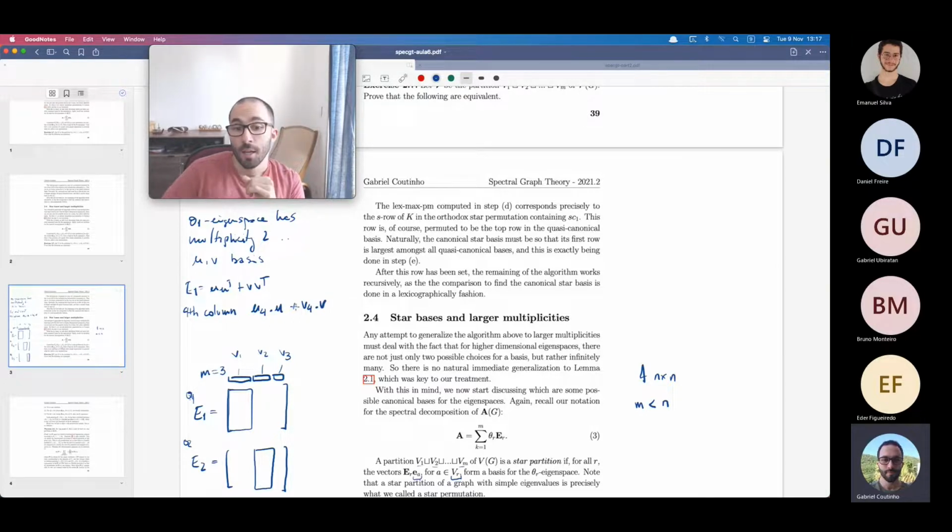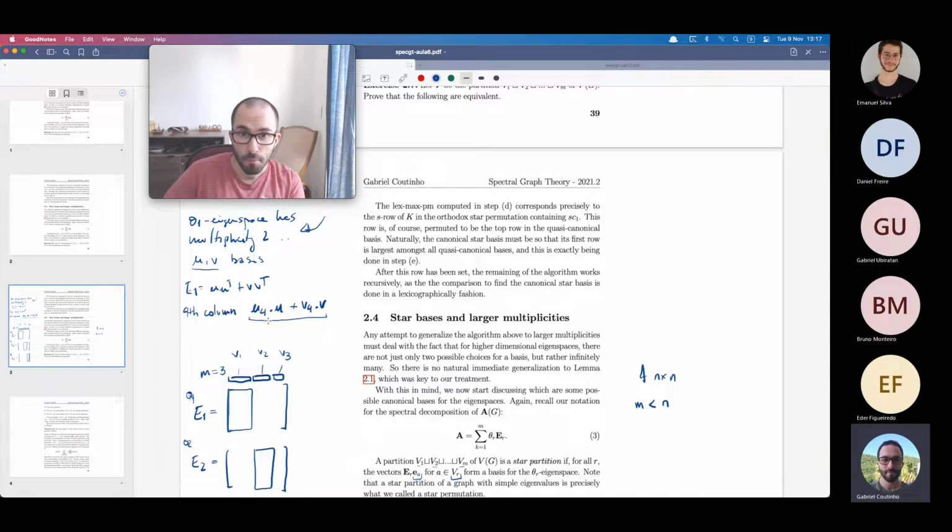Right? Which means that this thing is an element of the theta 1 eigenspace. Because after all, U and V form a basis, and this is a linear combination of elements in the basis. All right?